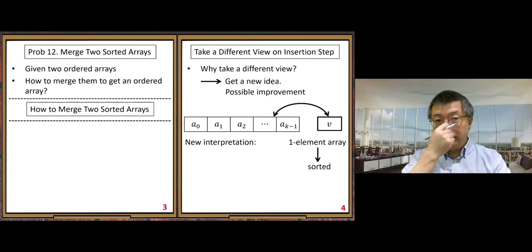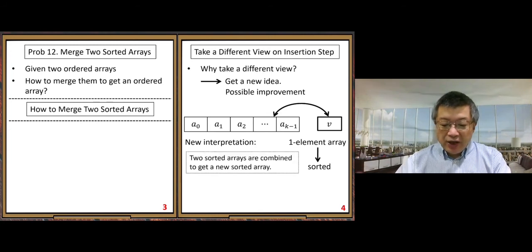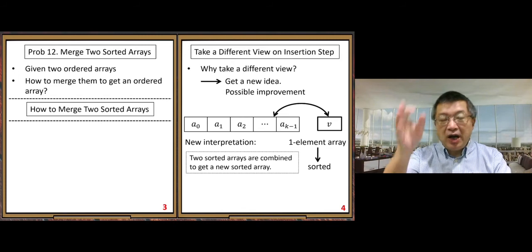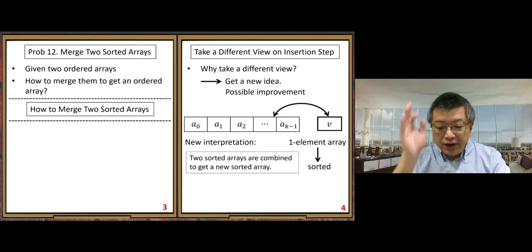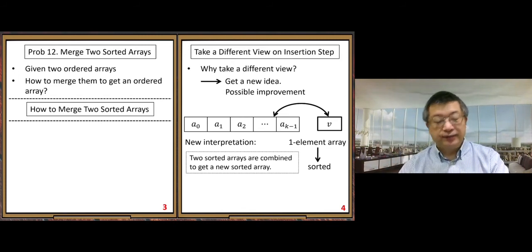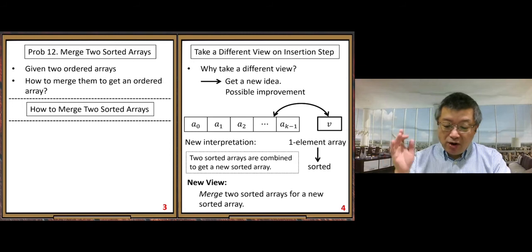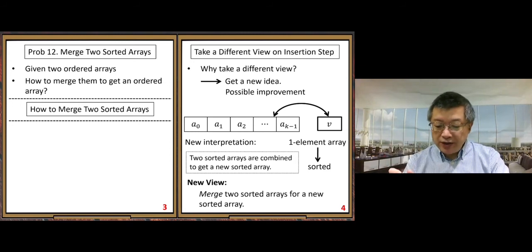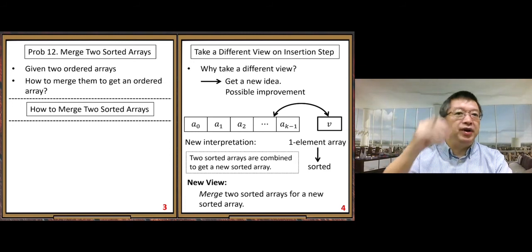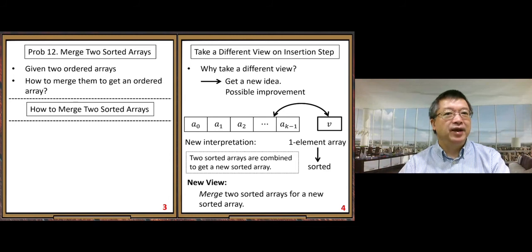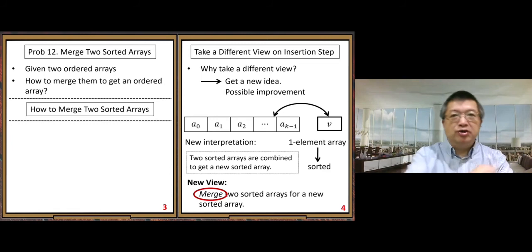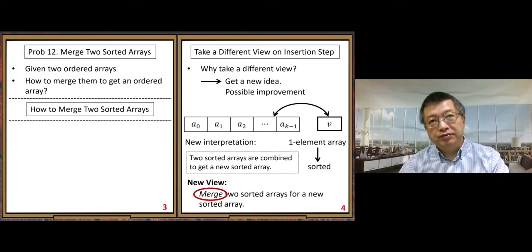Now the new view. We want to do a new interpretation. Two sorted arrays are combined to get a new sorted array. We treat that as the merge step. Merge two sorted arrays for a new sorted array. This merge view is important.